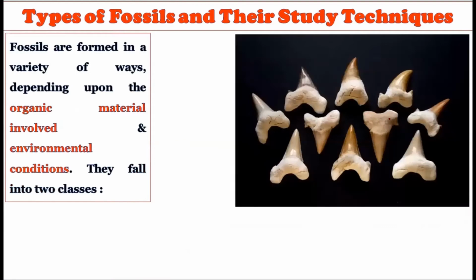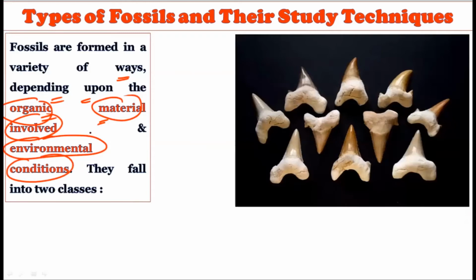Now see, fossil records are formed in a variety of ways. Depending upon the organic material involved, that is, which type of organic material is there, and which type of environmental conditions are there, we have two classes of fossils.